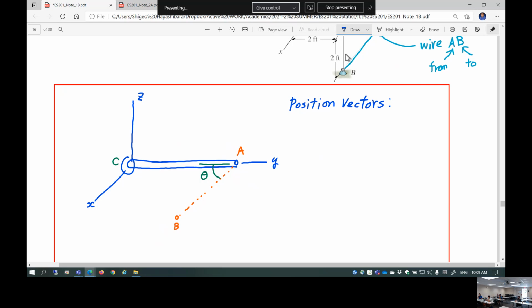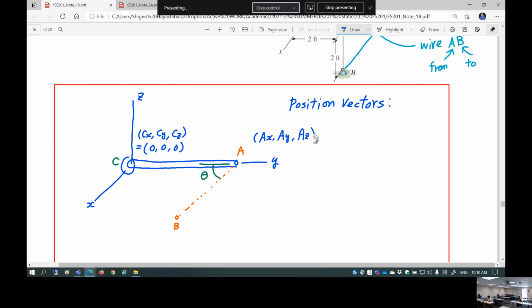In order to determine position vectors, I want to define them based on the coordinate positions. So this is location C, isn't it? Location C coordinate, let's say CX, CY, CZ. I want to clarify that to begin with. Of course, this is the coordinate origin 0, 0, 0. What about position A, which is AX, AY, AZ?